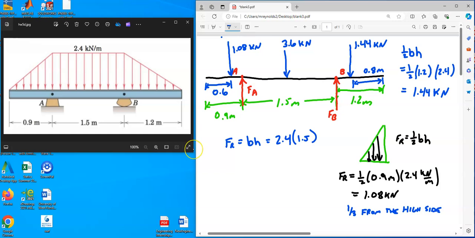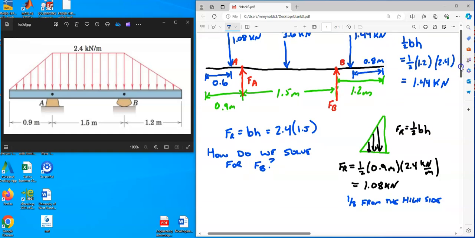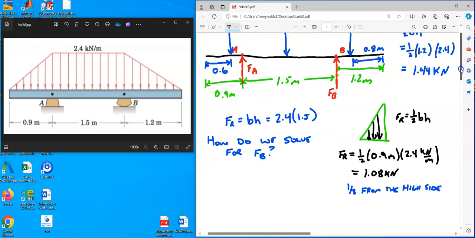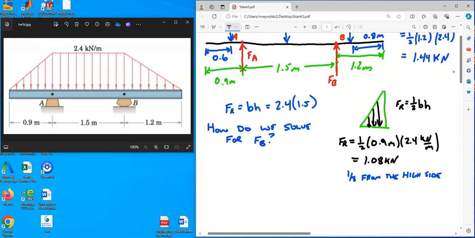So the question is, how do we solve for FA? Well, it's actually really simple, because you can do this in one equation. I'm going to have to scroll down to show you everything, but I'll come back up. The equation would be this.